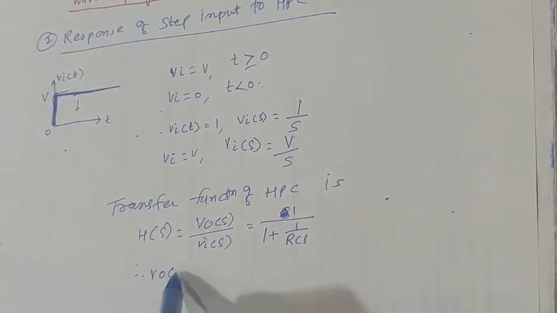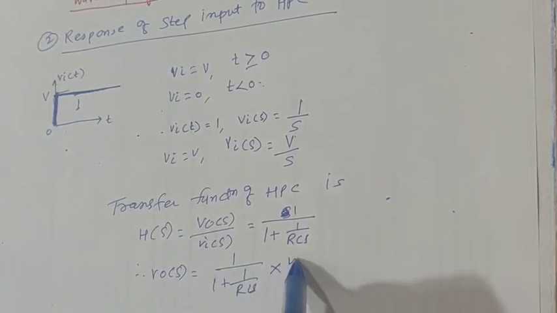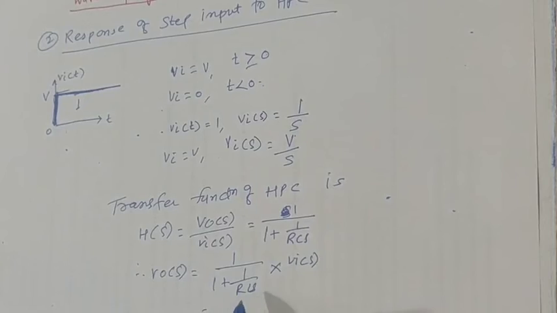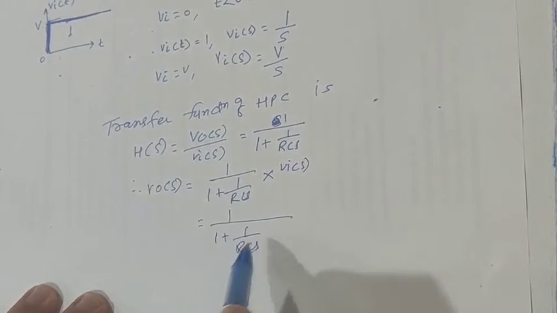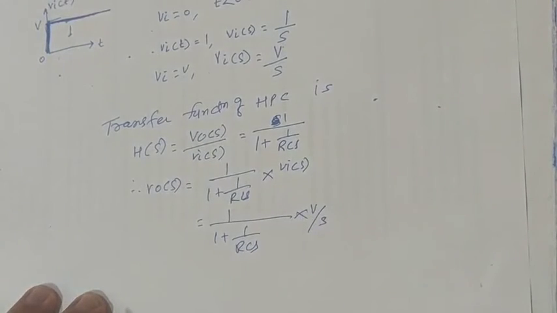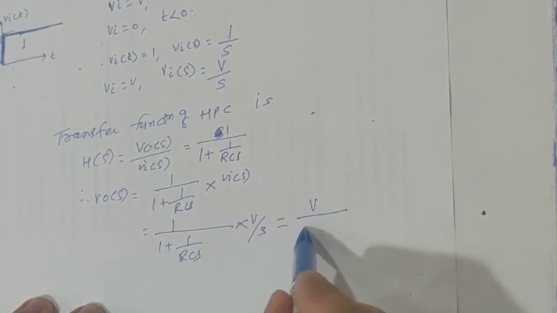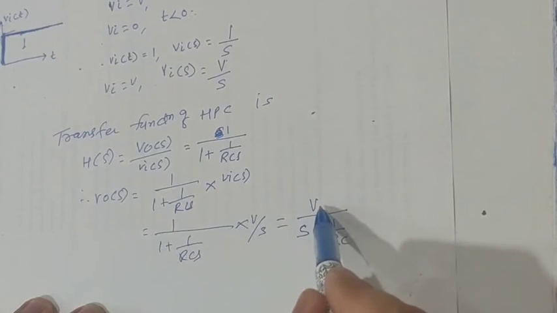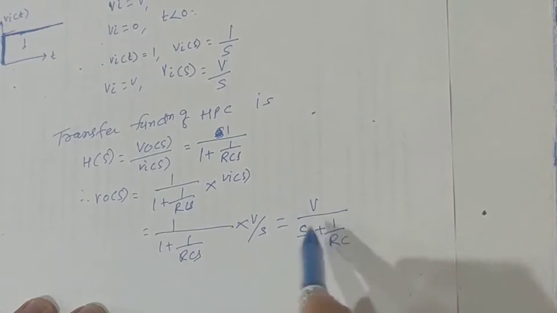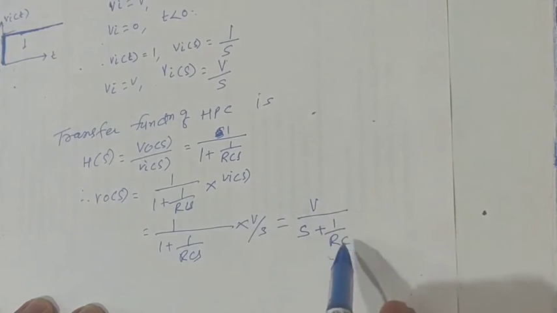That is, V0 of s is equal to 1 upon 1 plus 1 by RCS multiplied by Vi of s, that is 1 upon 1 plus 1 by RCS multiplied by V by s. Now what is this value going to be? It is going to be V upon s plus 1 by RC. If you multiply this, s is multiplied by this, so s and s will cancel, so it is going to be V upon s plus 1 by RC.